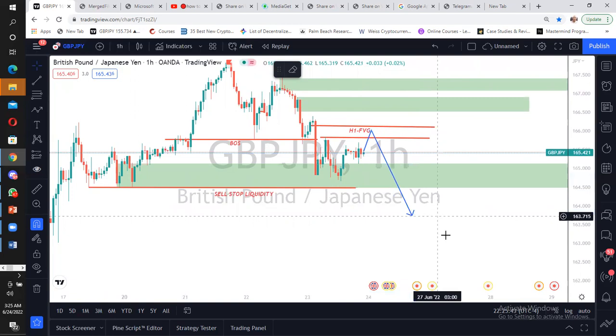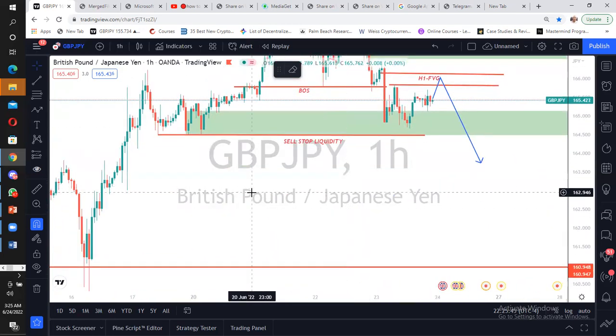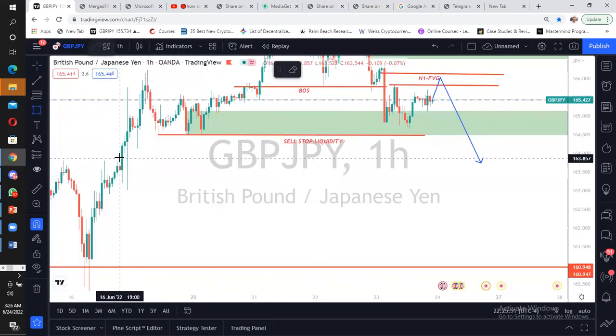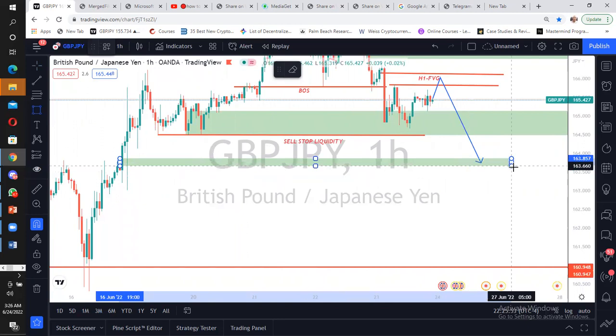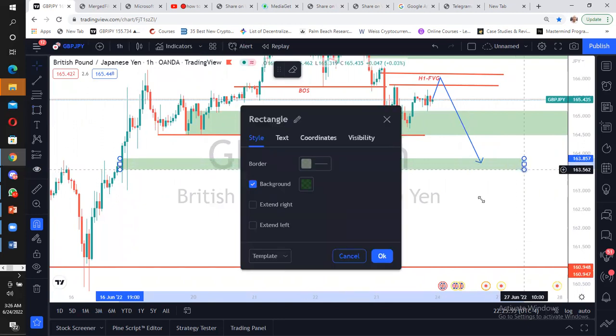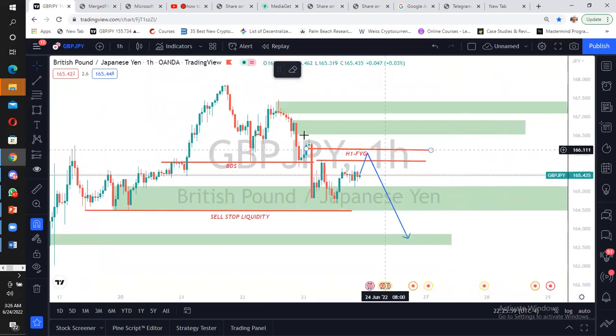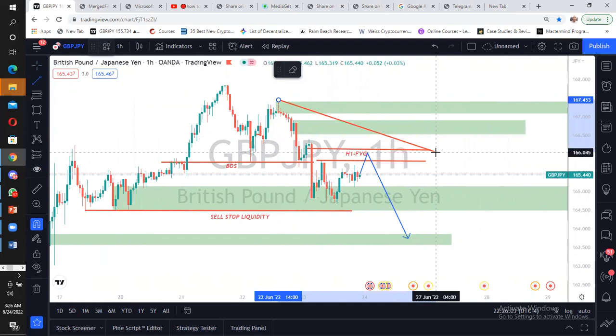This is what I will be anticipating from this short-term trade. And this will validate something.